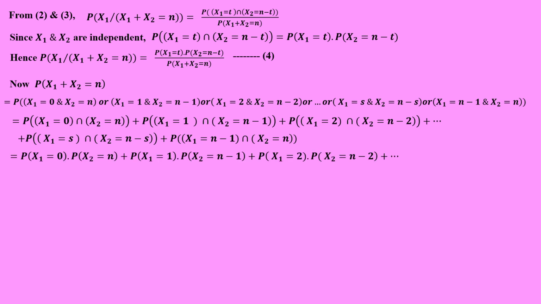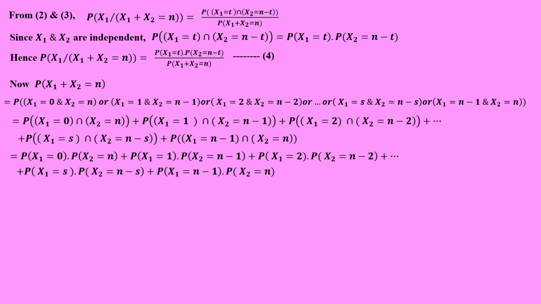So probability of X1 equal to 0 into probability of X2 equal to n, plus probability of X1 equal to 1 into probability of X2 equal to n minus 1, plus etc.